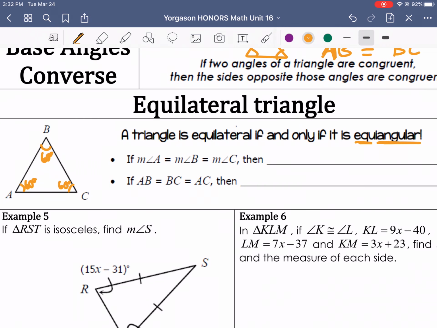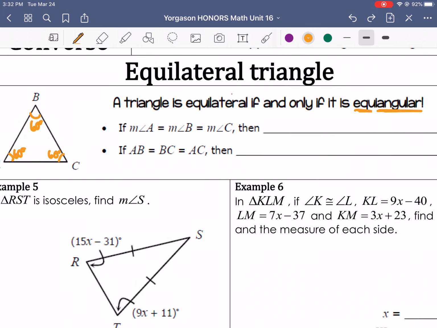Okay, the thing it's asking for here is if the measure of angle A equals the measure of angle B equals the measure of angle C, if all those are equal to each other, then we know, gosh, sorry, it's hard for me to write without putting my hand on there, then we know that triangle ABC is equiangular.